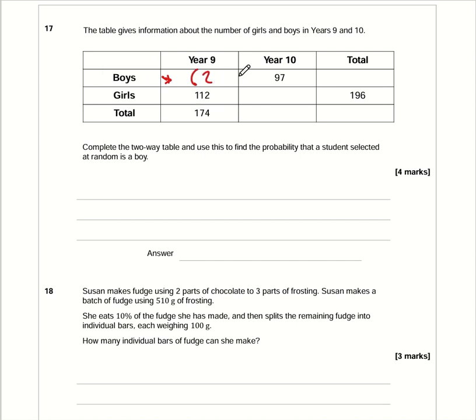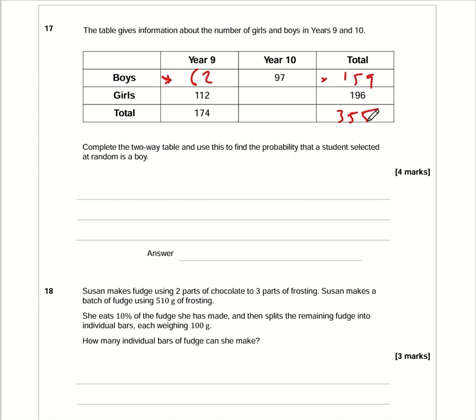Okay, we've got just one box missing in this row here. In total there are 62 plus 97 boys, so it's 159. 159 plus 196 comes to 355 in total.